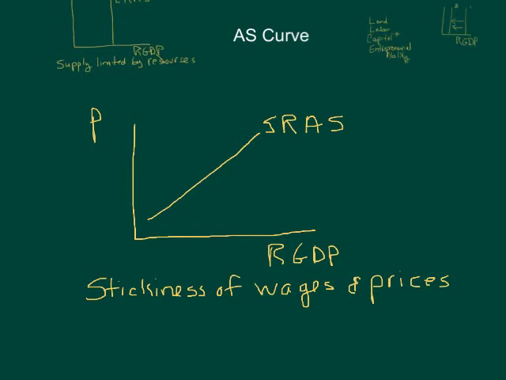And so because of that, you have this adjustment period going on, and that's the short run. So we say that this is the time it takes for firms to adjust to prices.